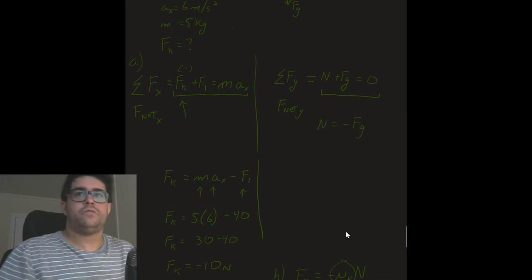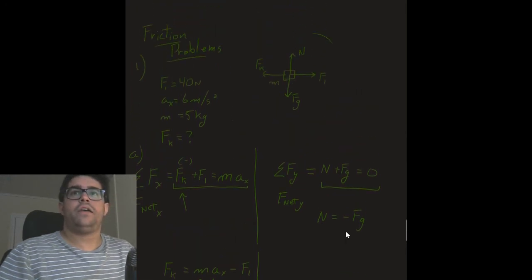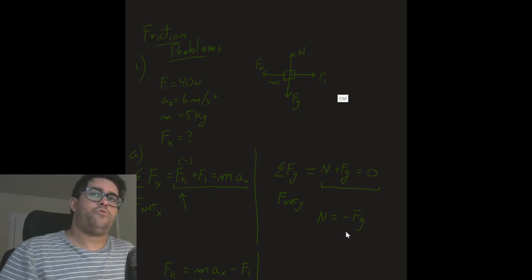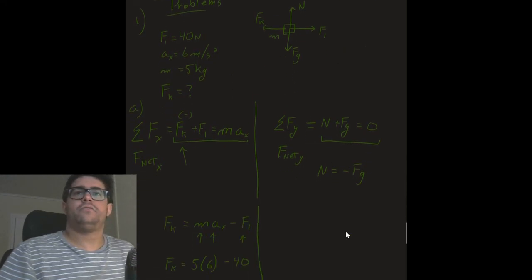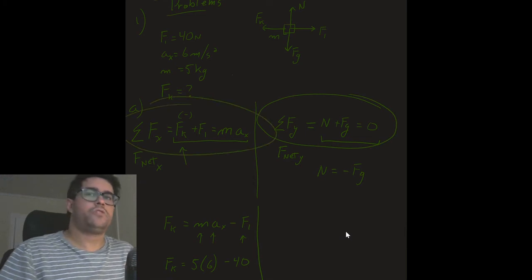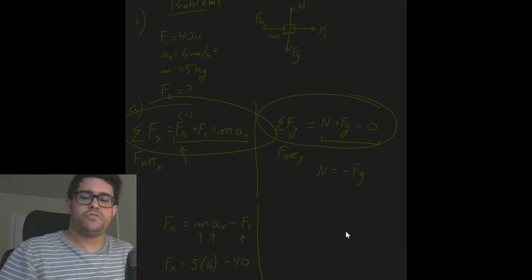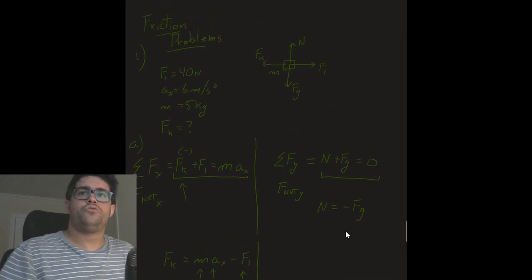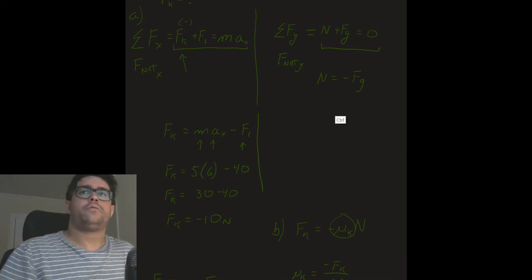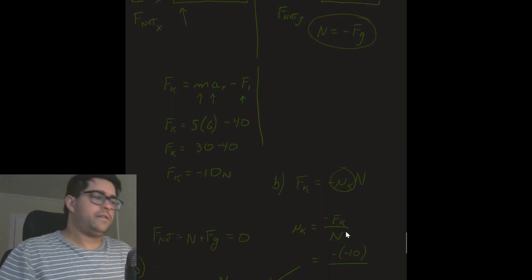All I mean to say here is that when you have a two-dimensional diagram of forces, take a second to do both of these sums. You're summing the force in x, you're summing the force in y. They're both useful because they both give you useful information. We're going to keep this in our mind.